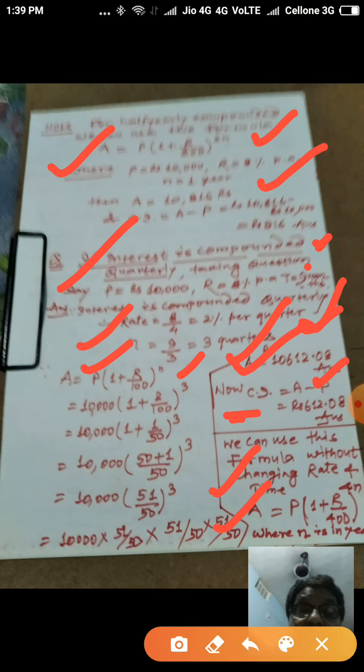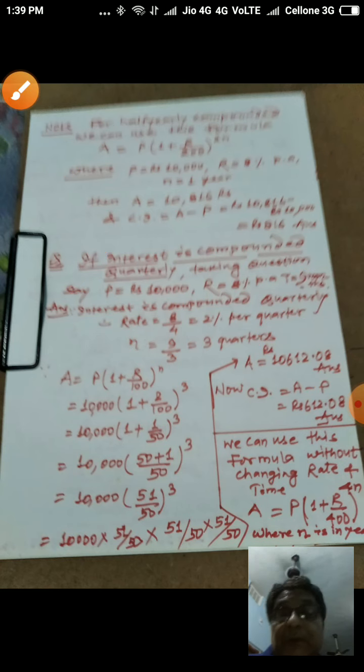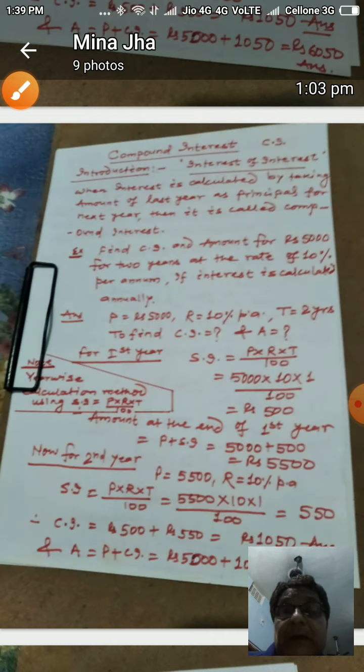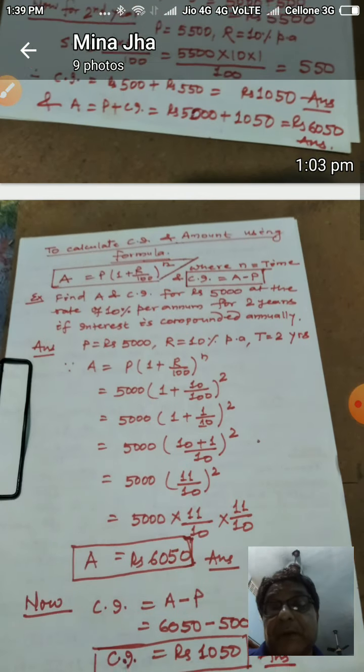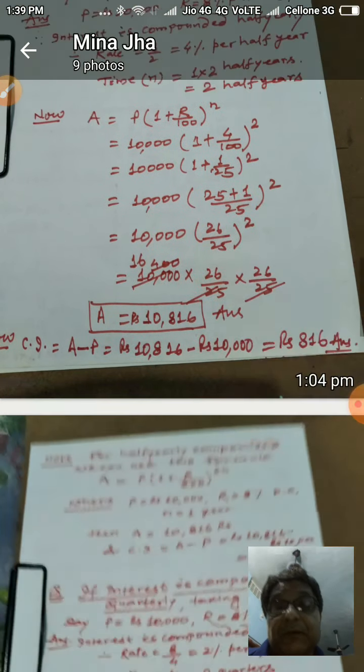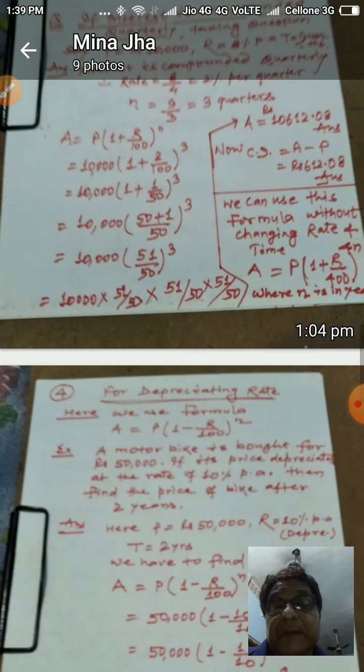You can verify. I suggest you to verify this formula, so whether answer comes same or not. Now since this topic is very long, so now we will see some other cases.